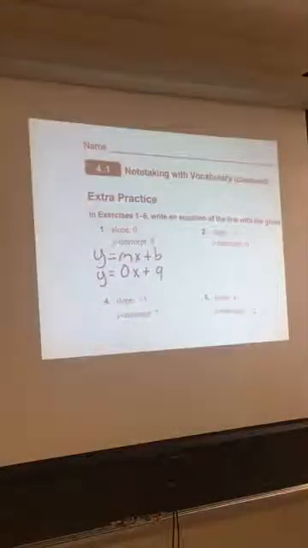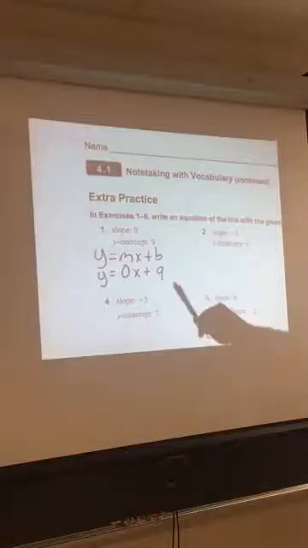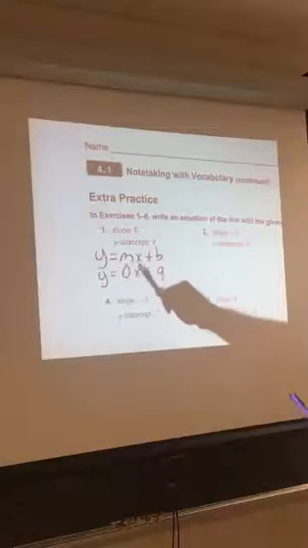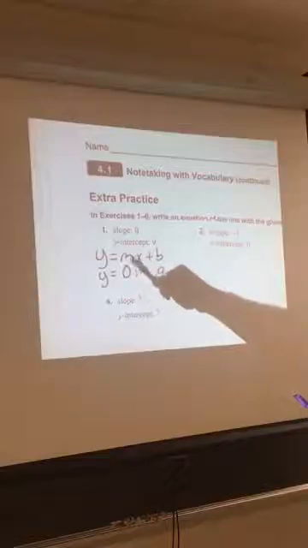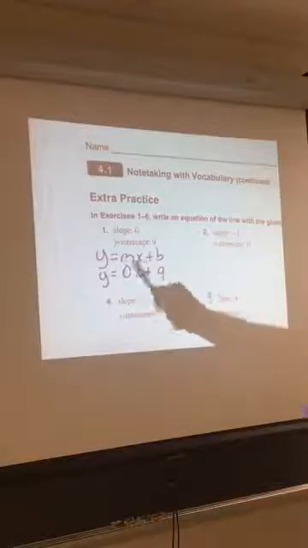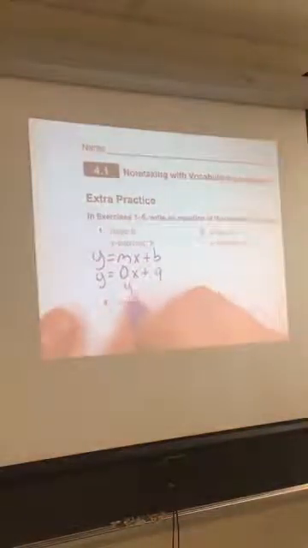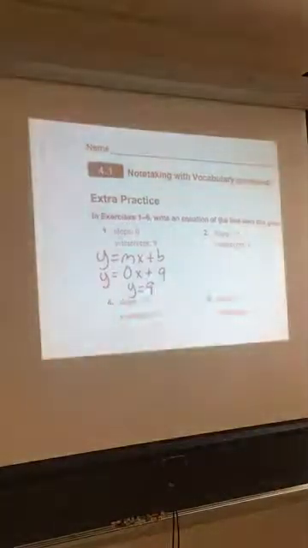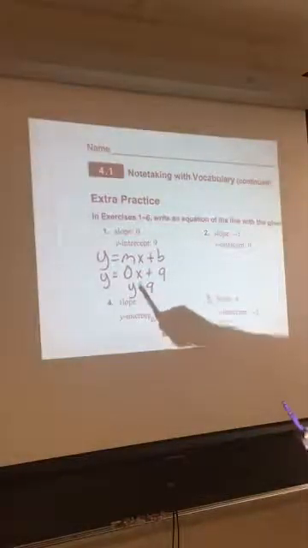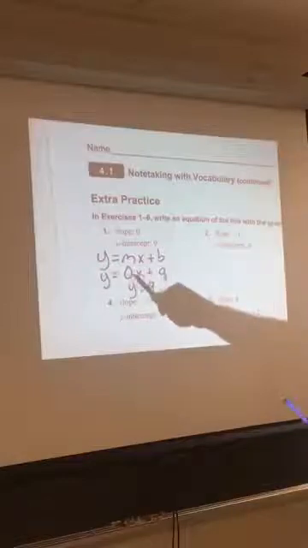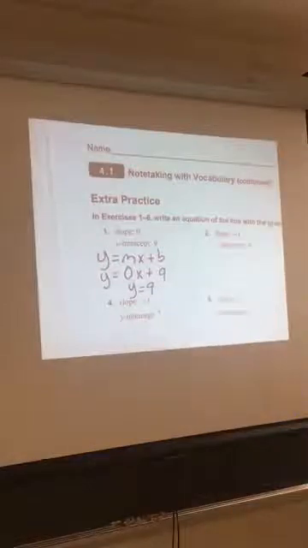Now, if you look in the back of the book or you're taking your ACT or SAT, they're probably not even going to put the 0 there. You'll probably see something like y equals 9. Sometimes when there's a 0 there, you just kind of ignore it because there's no x's. That would be your answer.